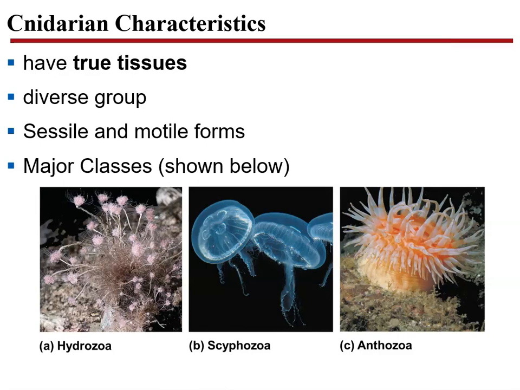The cnidarians can be further broken down into three major classes, and they are the hydrozoans, scyphozoans, and anthozoans.